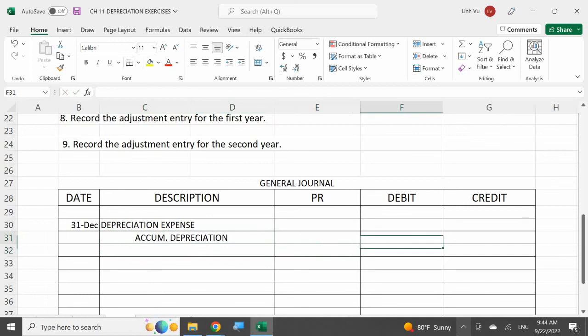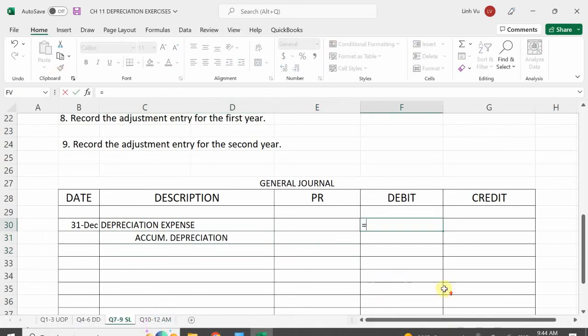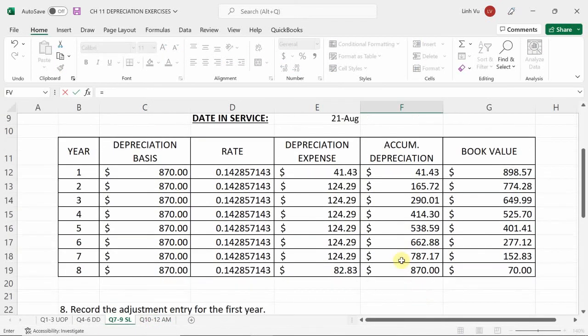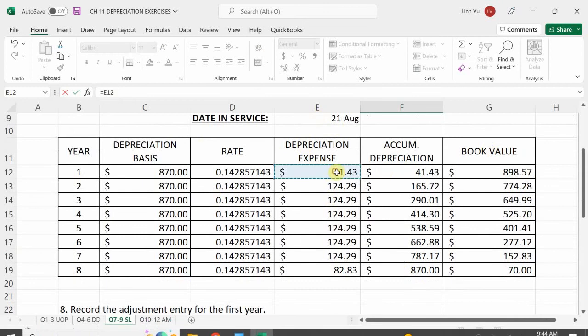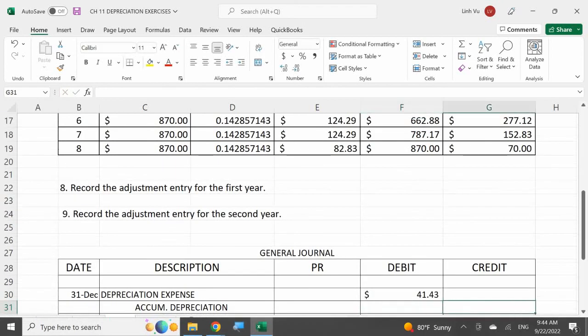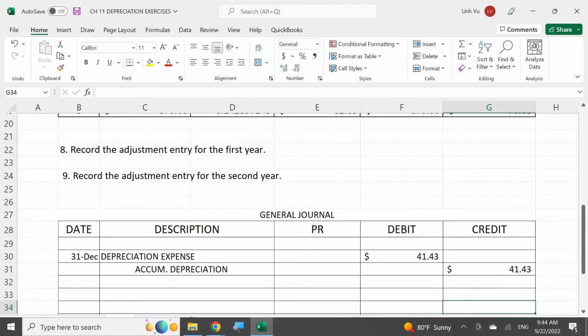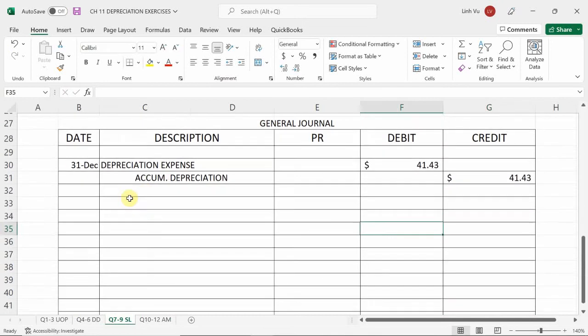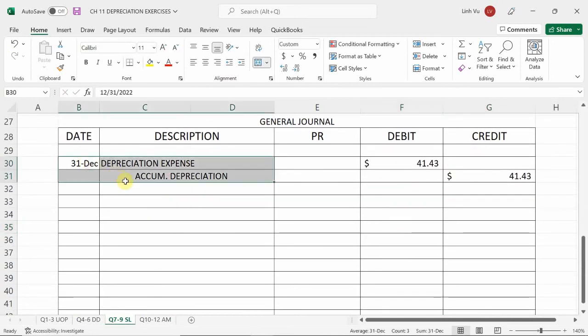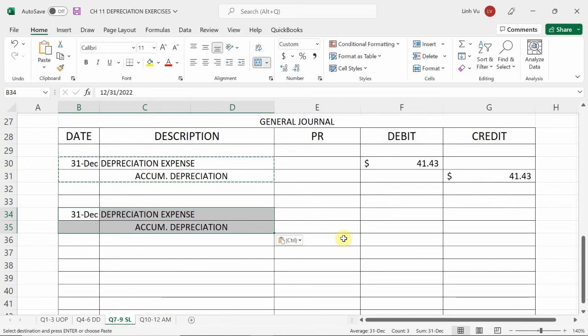So what was the first year's depreciation expense? $41.43. Okay. And then what was the second year's depreciation expense? Hold on, give me a second.